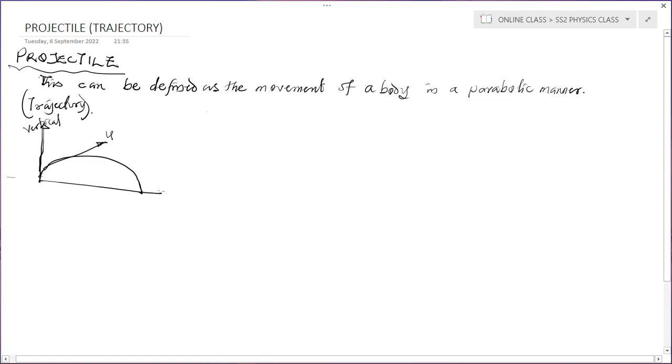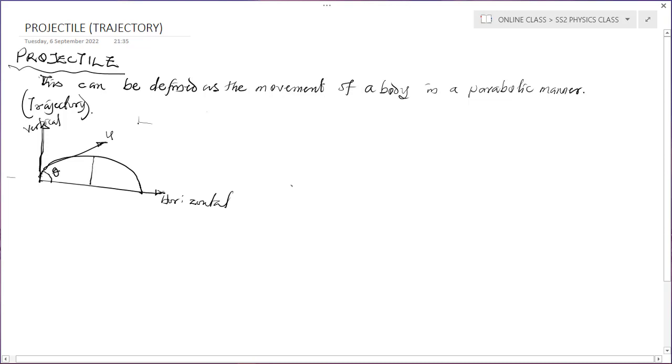Here is the horizontal component. Now we always have an angle here. There is an angle to this line, which is theta.